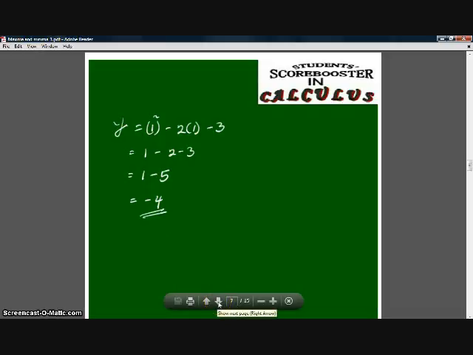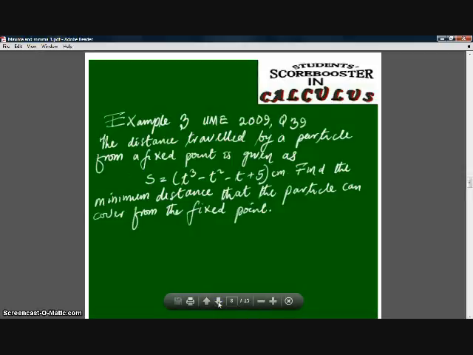So you can see it is the same question but differently framed, so you need to be careful. Another example, example 3. This is 2009, question 39. The distance traveled by a particle from a fixed point is given as s equals t cubed minus t squared minus t plus 5 centimeters.